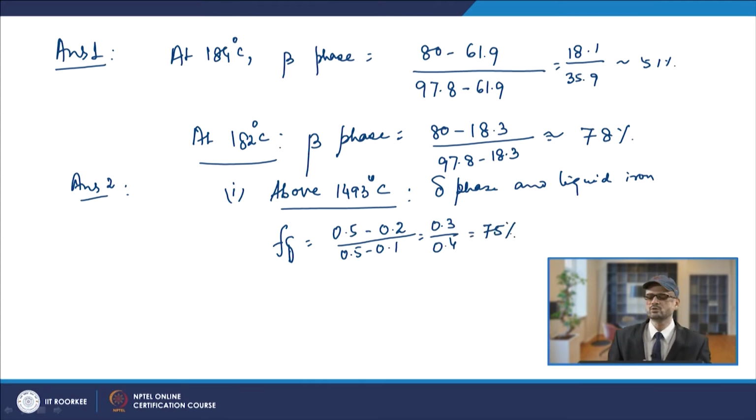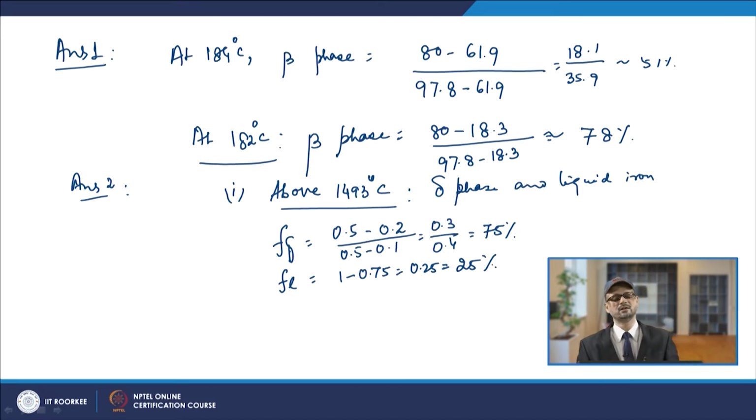So, you have 75% of the delta ferrite phase formed just above 1493 degree centigrade of temperature. The next phase is liquid. So, F liquid will be 1 minus 0.75, so it will be 0.25. So, 25% will be the liquid phase.